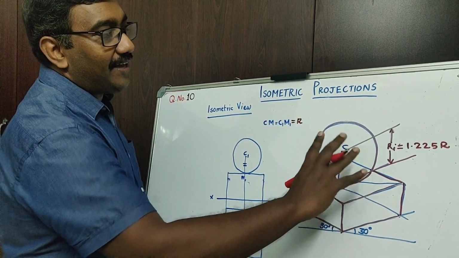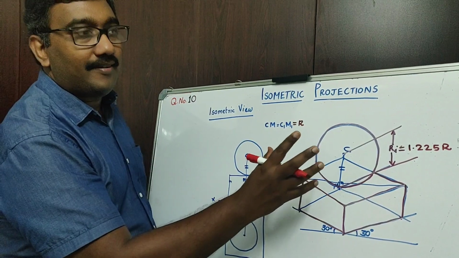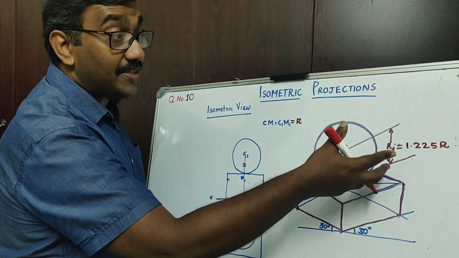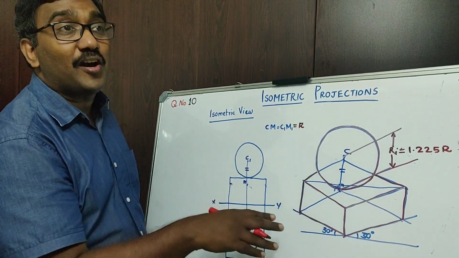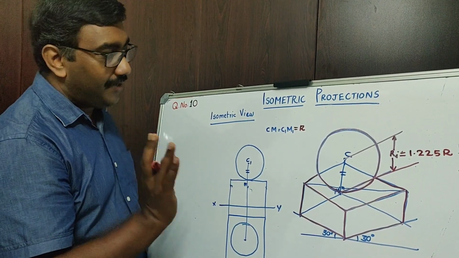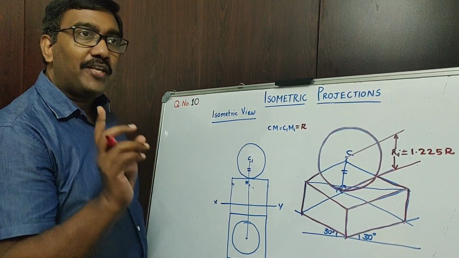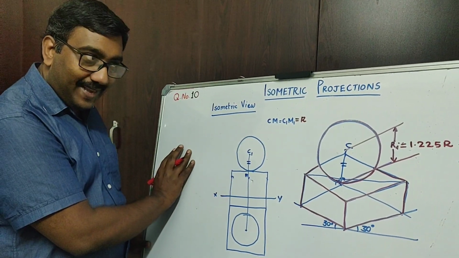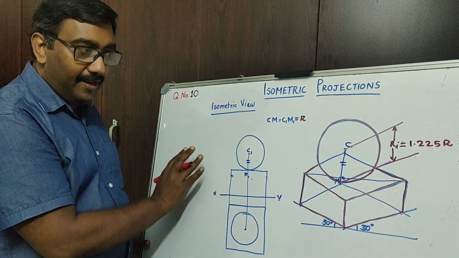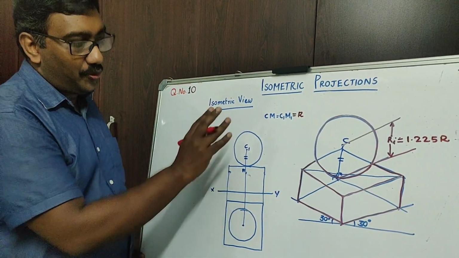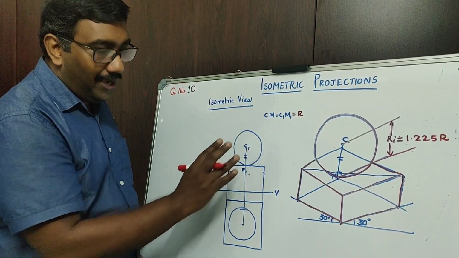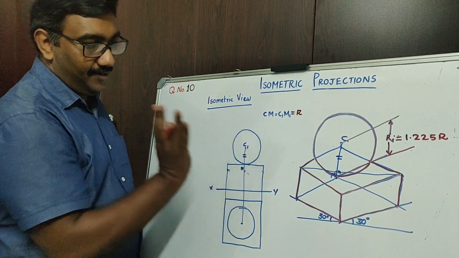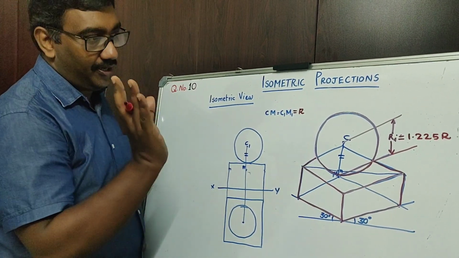Now it is very clear that again the sphere is with a larger dimension compared to the dimensions which you are drawing now. So in isometric view, again I am going to conclude that there is no isometric scale. Without isometric scale, using actual dimensions, you are drawing the front view and top view of the combined solid.